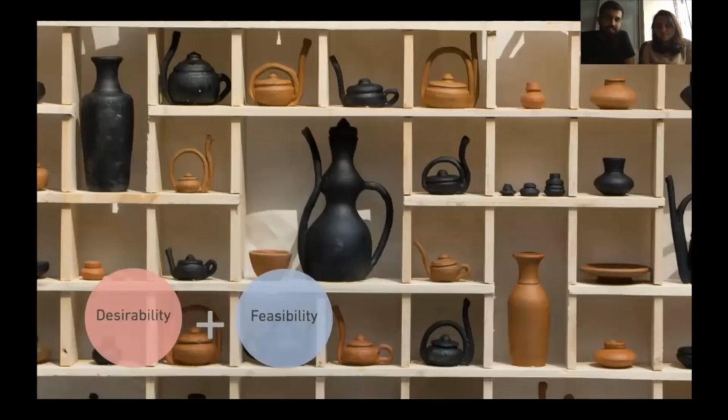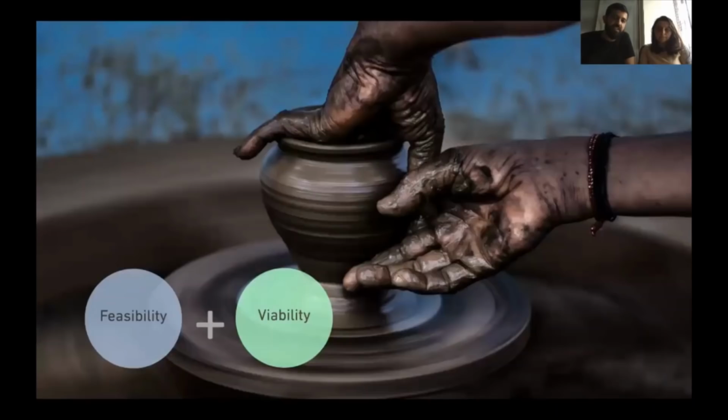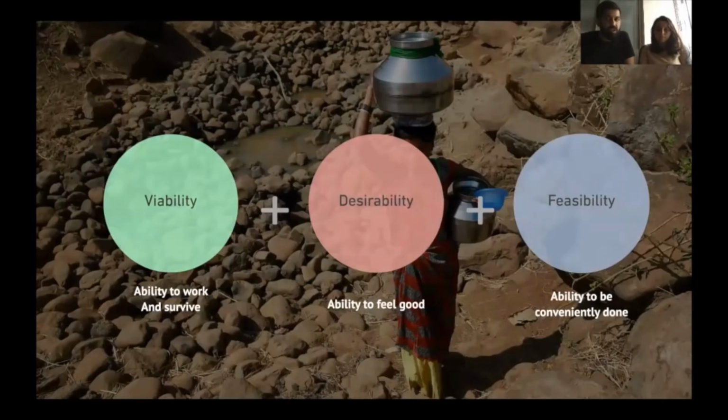Coming to the last, a solution cannot function only on desirability and feasibility. As we saw, it cannot function with any two of the factors alone. We always need all three factors to make sure that a solution is functioning to its right benefit.